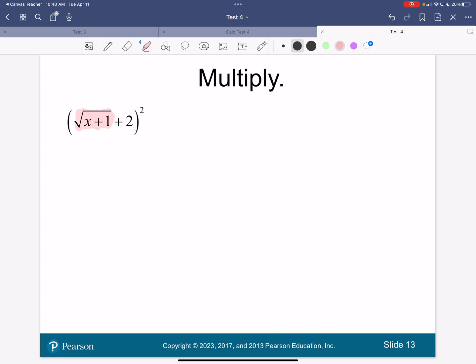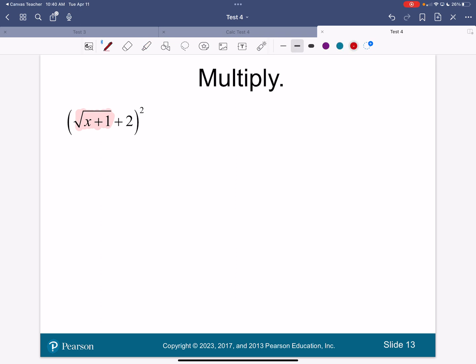You are going to think about the square root of x plus 1 as a single unit. I can't separate that at all. So don't think of this as 3 terms. Think of this as 2 terms. Okay? This is 2 terms. The square root of x plus 1 is a single unit.